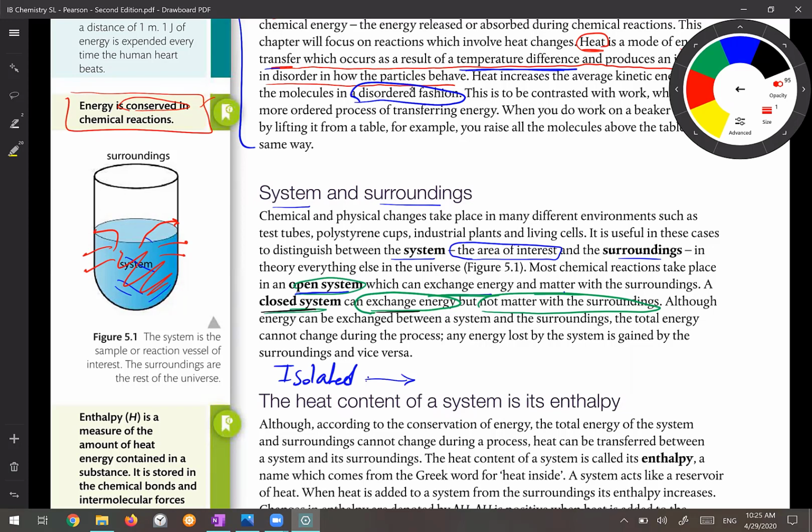So it means you have not created energy, just the energy which was stored inside the bonds of your reactants is now converted to thermal energy, and you can feel that. So the energy is conserved here. So if the reactants' energy converts to heat energy, what happens to the energy level of the reactants when they convert to the products?